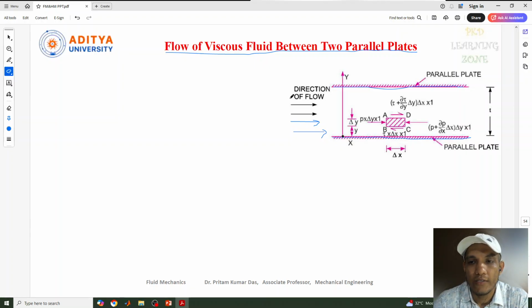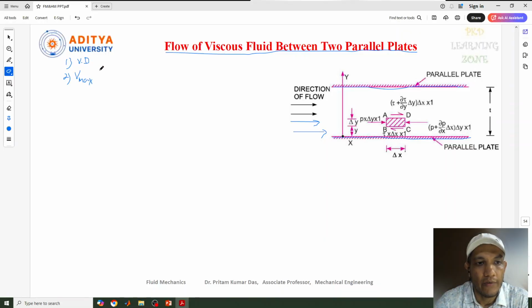Now, in a similar concept, in this topic also, we are going to derive a few terms, like in the last video, where we discussed the velocity distribution. Second, the velocity distribution across the section and the ratio of maximum velocity to average velocity.